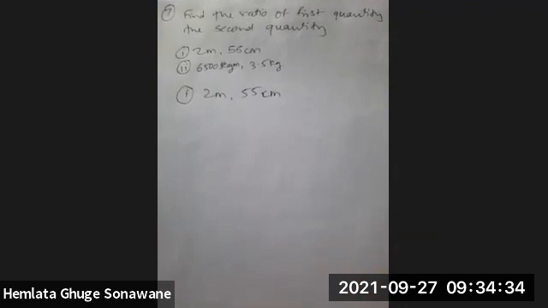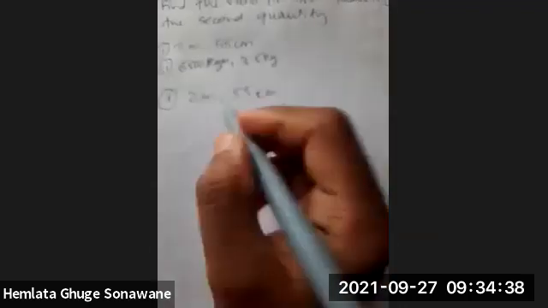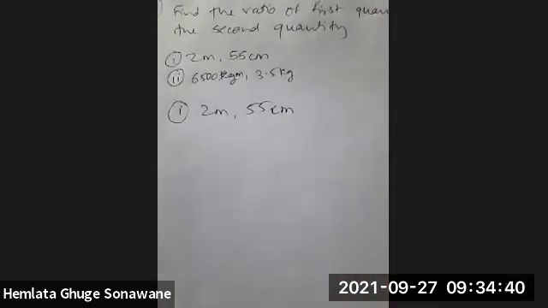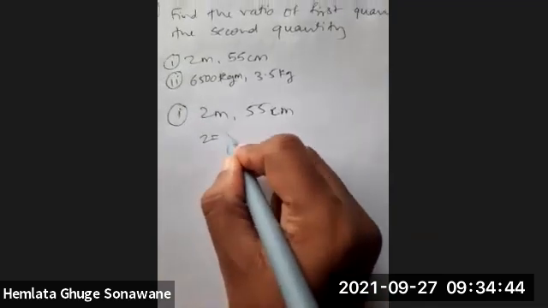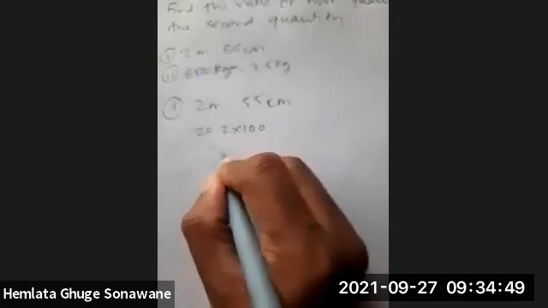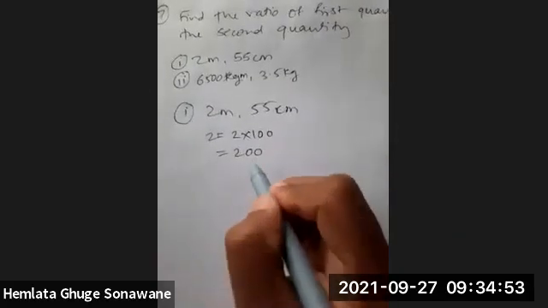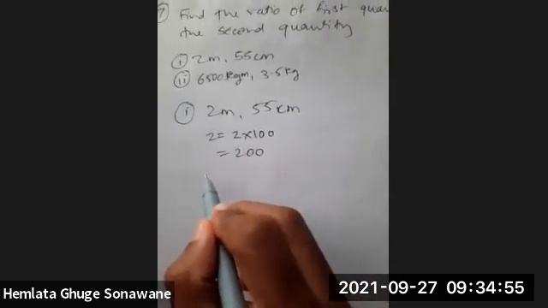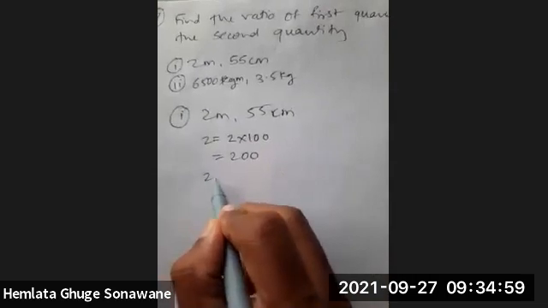Yes, who is ready with the answer? Yes, beta, speak. 2 meters, 100 centimeters, 200 centimeters. Yes, 2 into 100 is 200 centimeters. Now 200 upon 55.